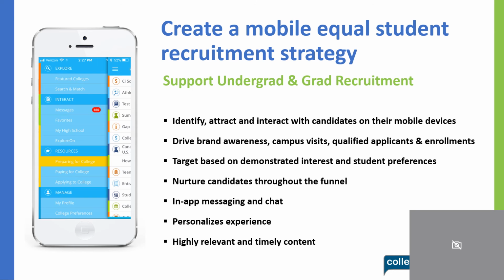And as Gene was telling us about a mobile equal strategy, that can be really leveraged in both the undergrad and graduate recruitment efforts. So certainly students today that are in college and moving on to grad programs are mobile focused as well. But these bullet points really just speak to all the different attributes of what you can do with a mobile app platform.